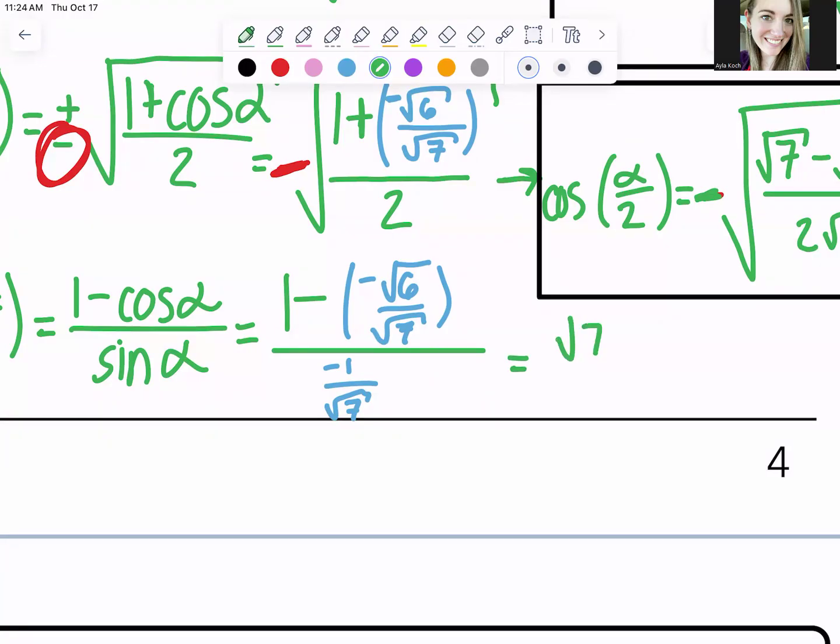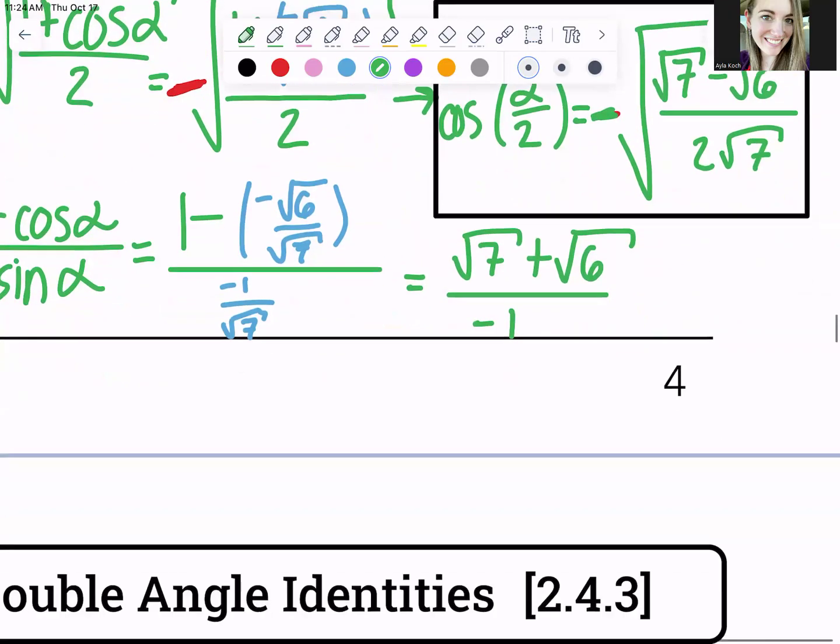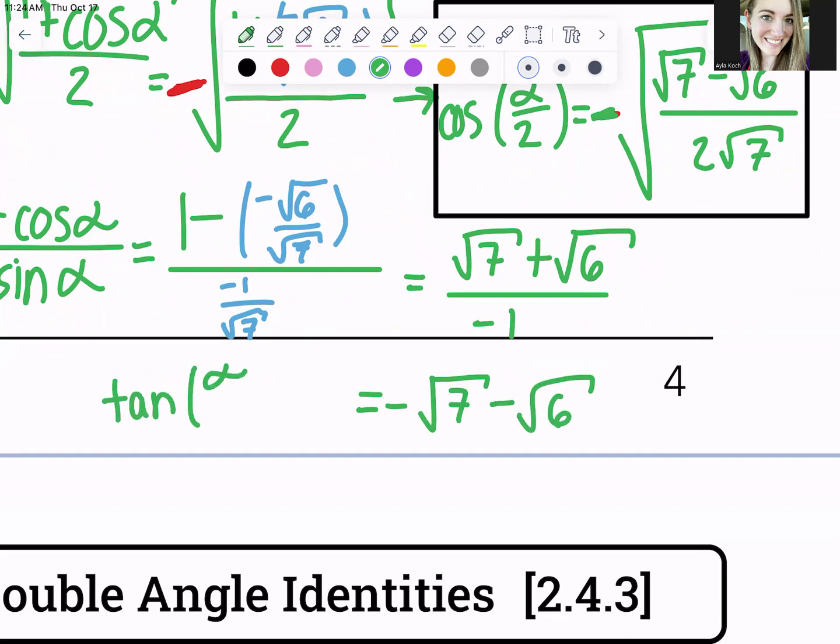This will turn out to be square root 7 plus square root 6 all over negative 1, which is negative square root 7 minus square root 6. That is what tangent of alpha over 2 is.